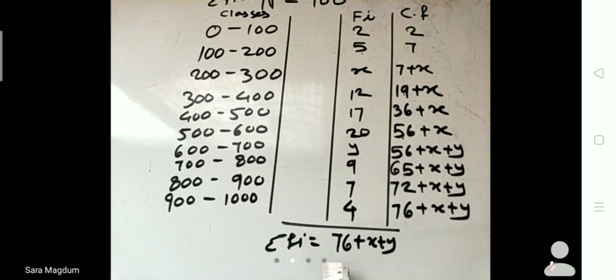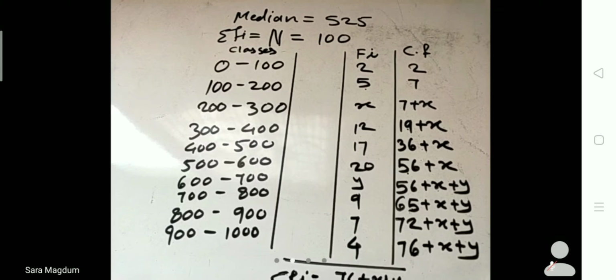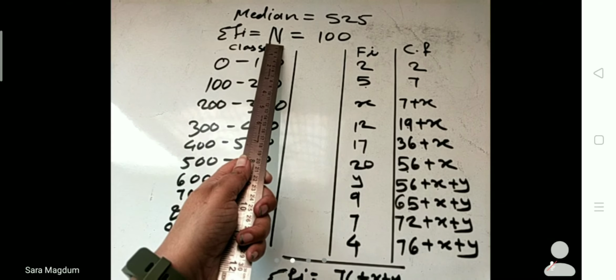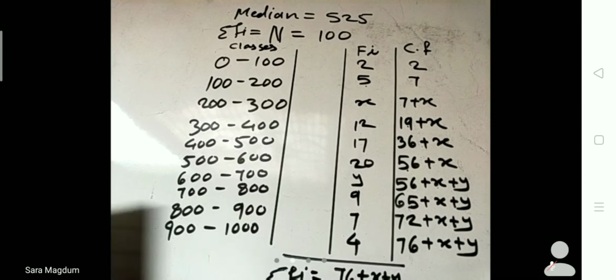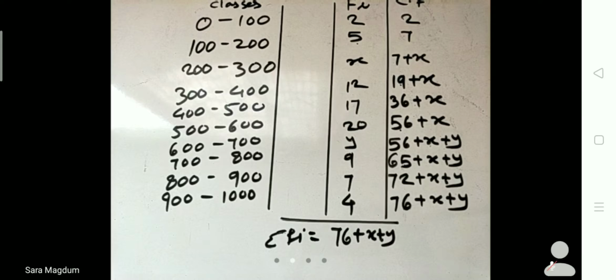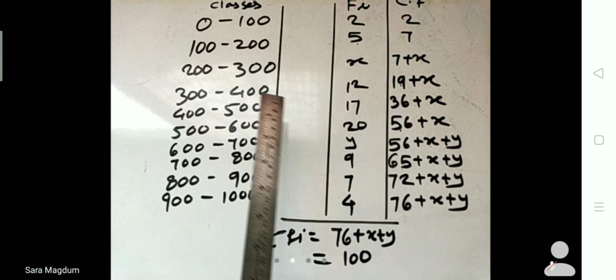But in the question it is already given that summation of fi, that is capital N, is 100. So 76 plus x plus y is equal to 100. We are going to use this afterwards, after we get the value of x. So let's find x first.